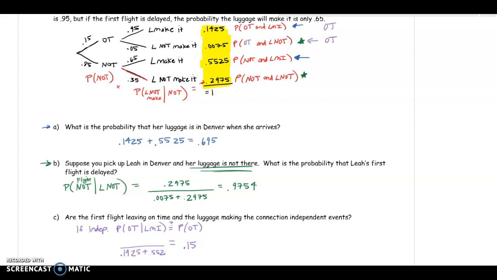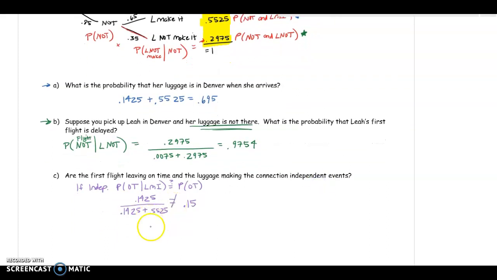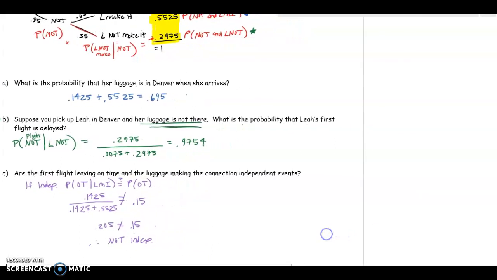And out of these two numbers, which of these are on time and luggage makes it? That would be the 0.1425. And if you figure out the math here, you will notice that these are not equal because 0.205 is not equal to 0.15. So we would say, therefore, they are not independent.